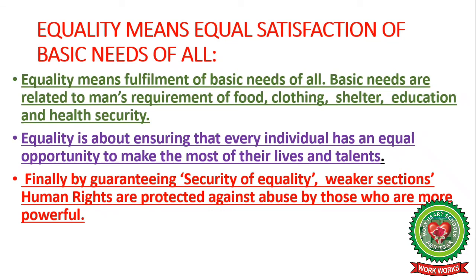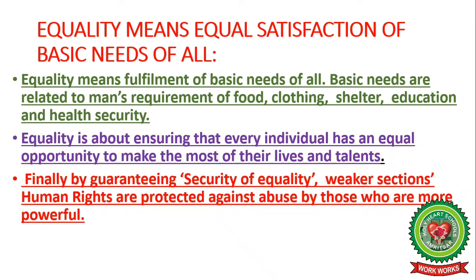Now, next is equality means equal satisfaction of basic needs of all. So, equality means fulfillment of basic needs of all. Basic needs are related to man's requirement of food, clothes, shelter, education, and health security. Equality is about ensuring that every individual has an equal opportunity to make the most of their lives and talents.